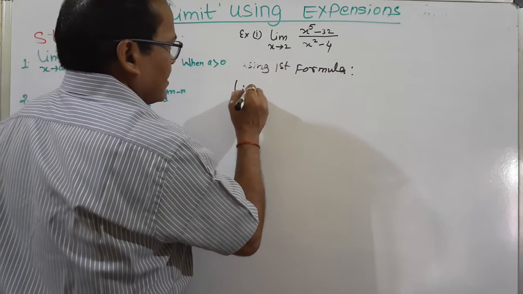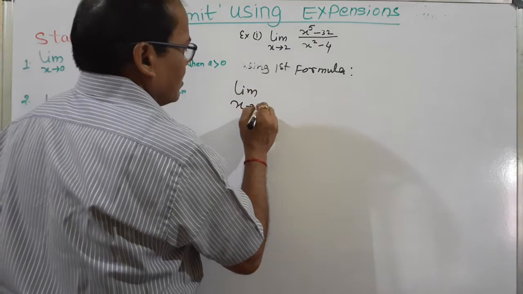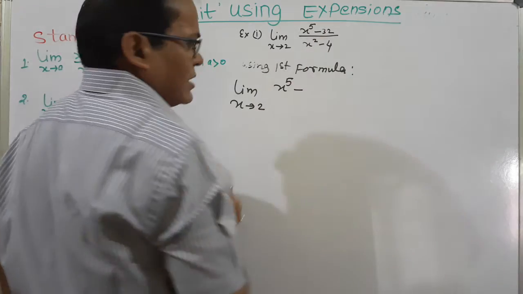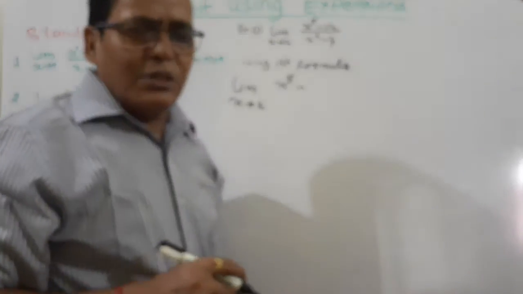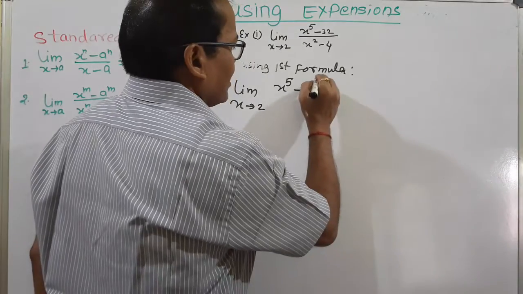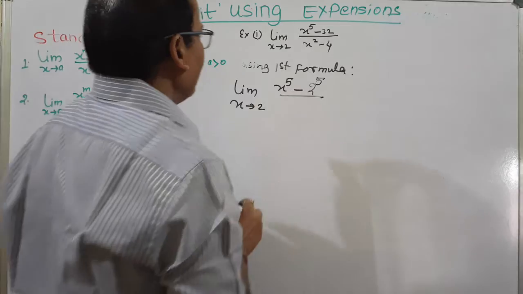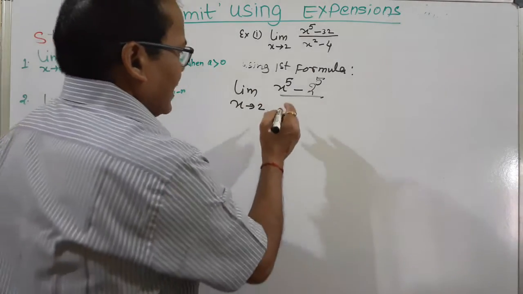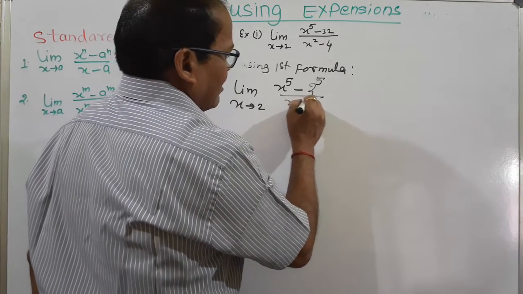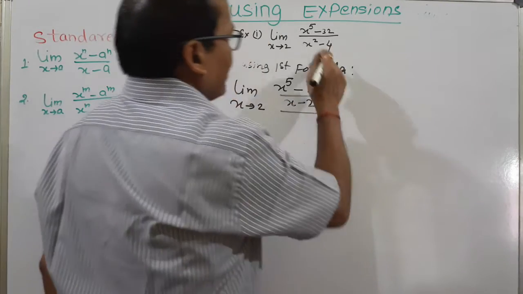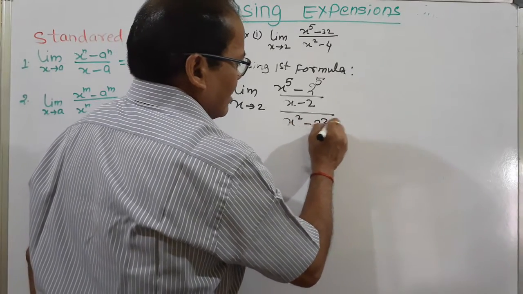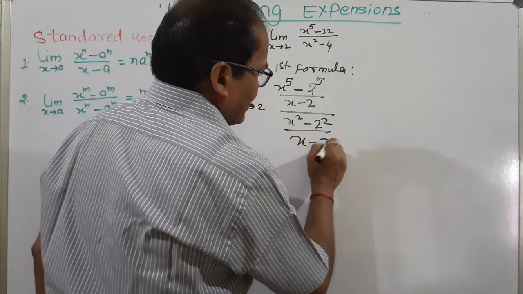Limit x tends to 2, x to the power 5 minus 32. 32, if you break it, is 2 into 2 into 2 into 2 into 2, 5 times, so we can say 2 to the power 5. Here the denominator is x minus a, but here the denominator is different, so we put x minus 2. Whole divided by, again, x square minus 2 square divided by x minus 2.